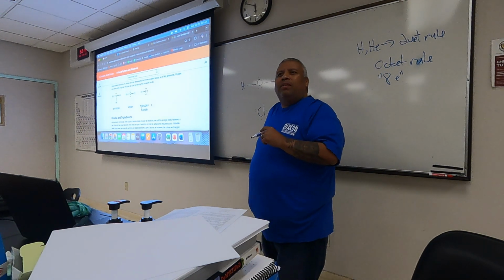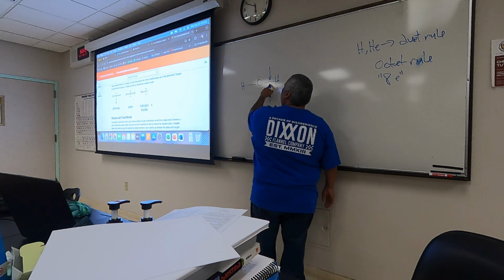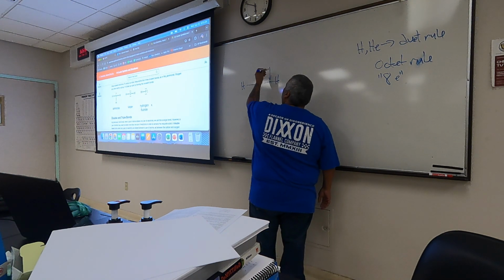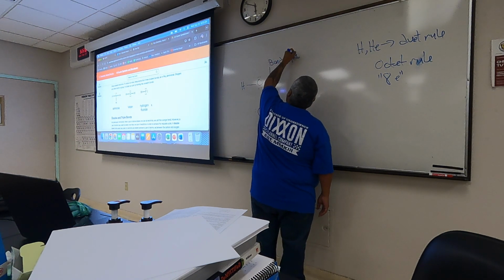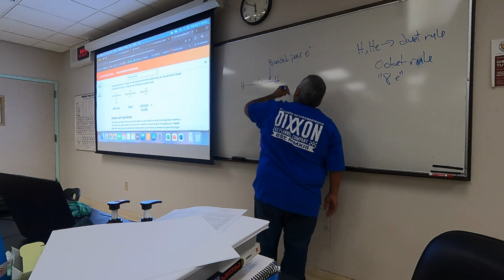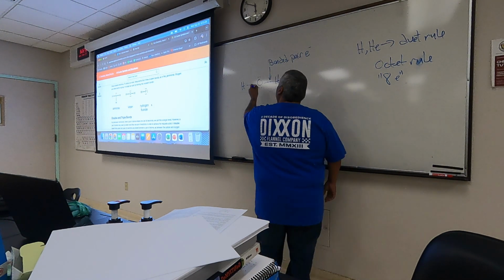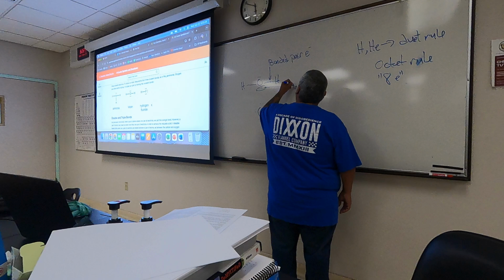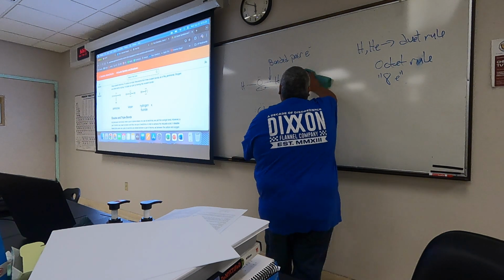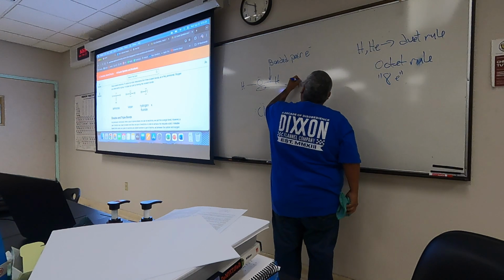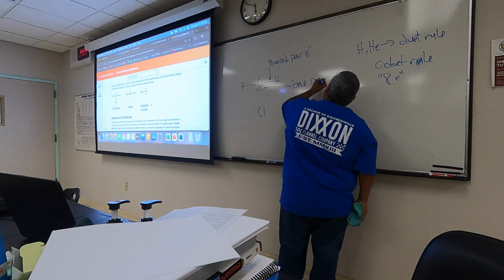How we describe some of these valence electrons is that the electrons that are sitting here, these we're going to consider a bonded pair of electrons because they're in a bond. These are what we call a lone pair of electrons.